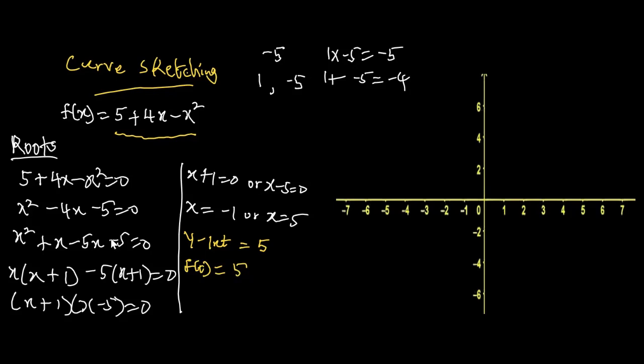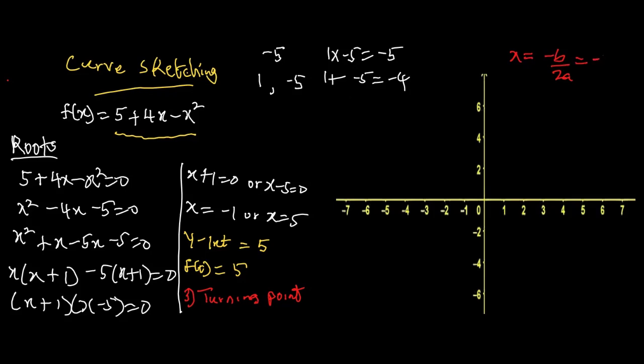Now, the third step is to get the turning point. For this turning point, we are going to look at the value of x and the value of y. So we have x equals minus b all over 2a.